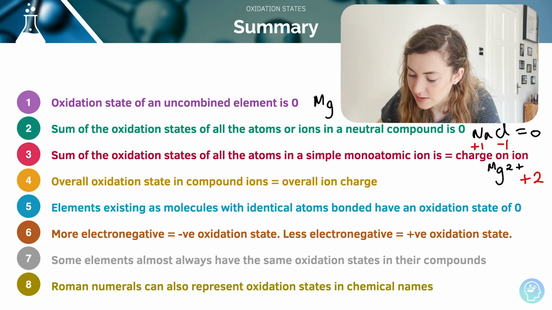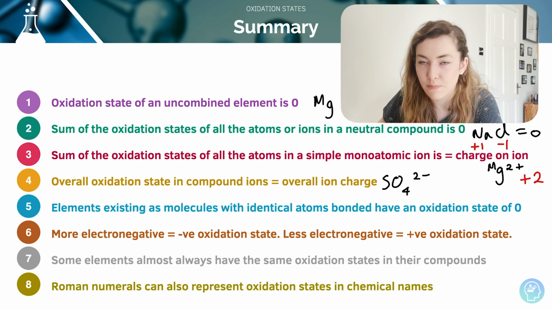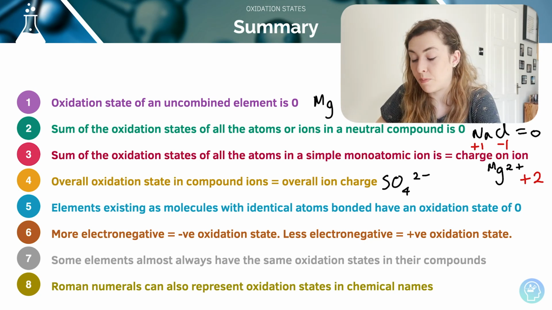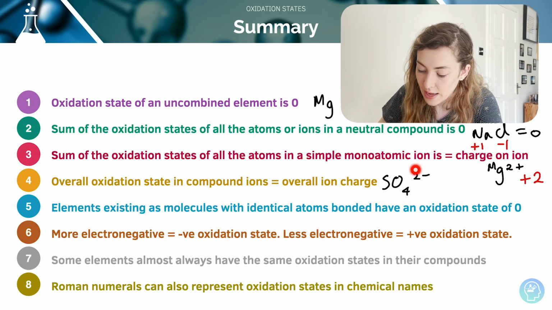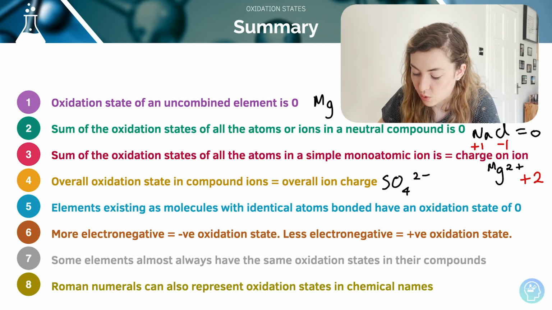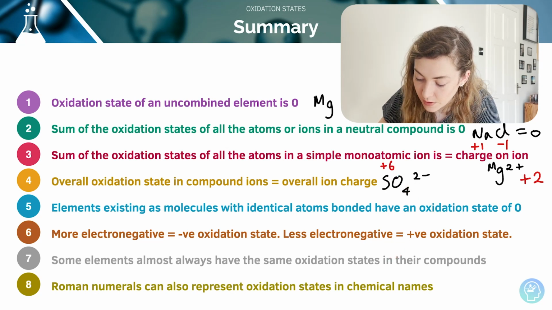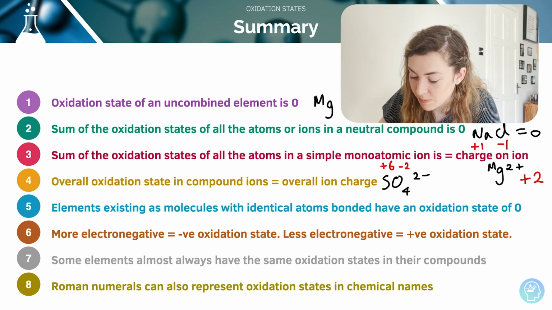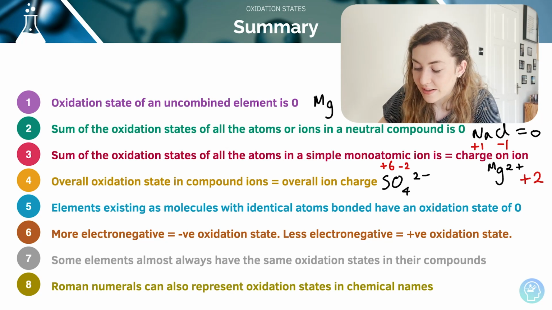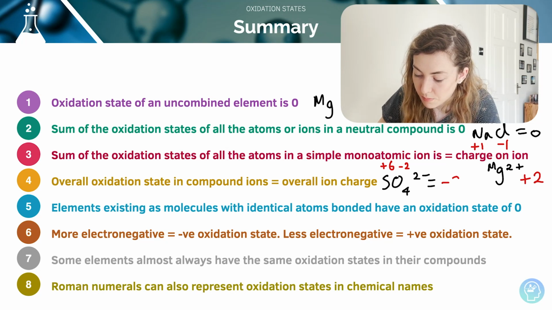If I pick something like SO4 2-, a sulfate, which if it combines with hydrogen makes H2SO4, sulfuric acid, all of these together are going to add up to a total charge of -2. So I'm going to have 4 -2s from the oxygen, taking me down to -8, and sulfur is going to be +6. Each of those oxygens is -2, and that overall gives me a charge of -2 because it needs to equal the charge on the ion.